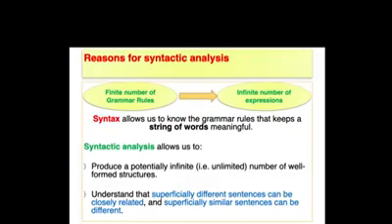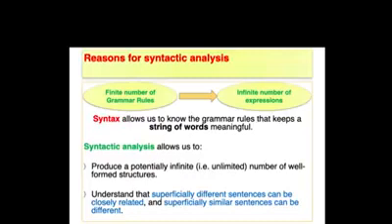And then also to understand that superficially different sentences can be closely related, and superficially similar sentences can be different. Here I'm going to provide an example which will show that sometimes we tend to say something in the same way, using the same structure, but we might have different meanings out of it.